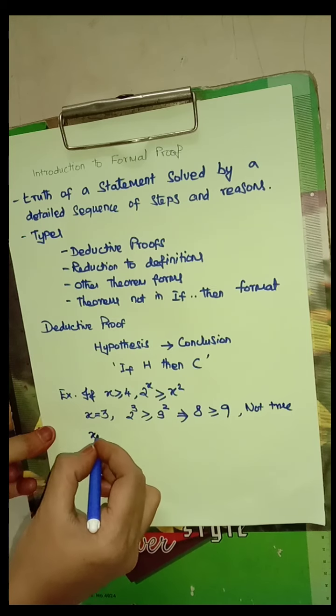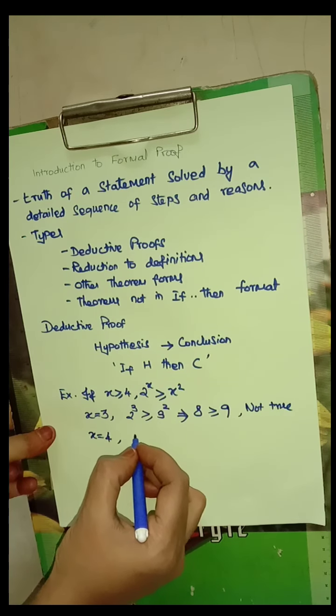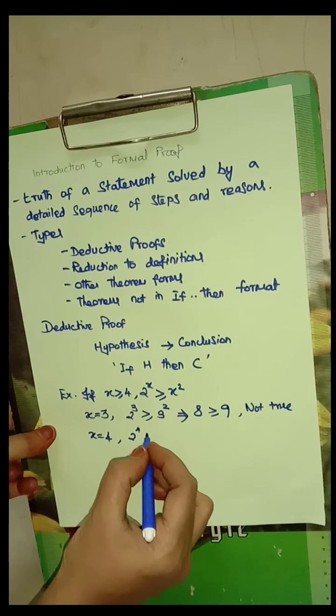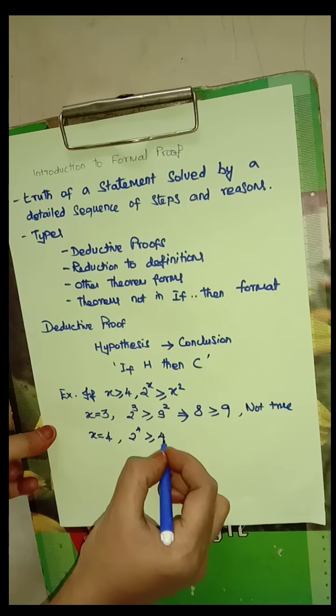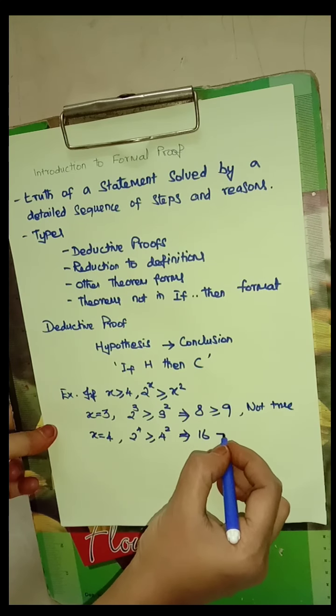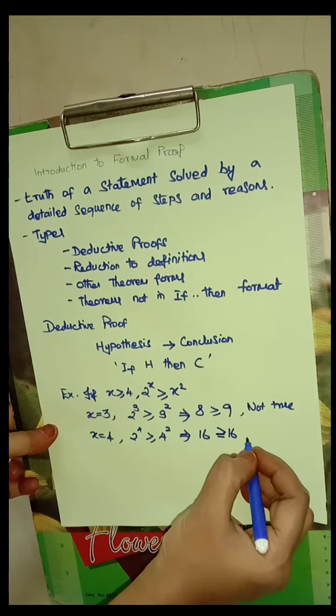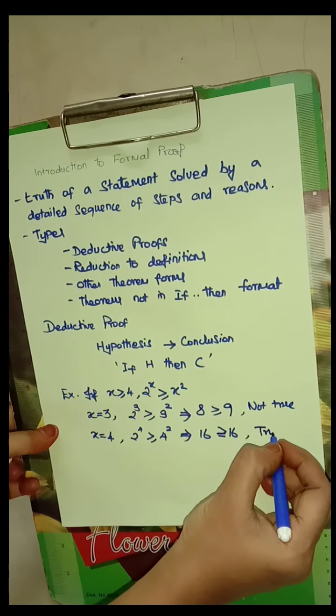Suppose x is equal to 4. 2 power 4 is greater than or equal to 4 square, which implies 16 is greater than or equal to 16. So it is true.